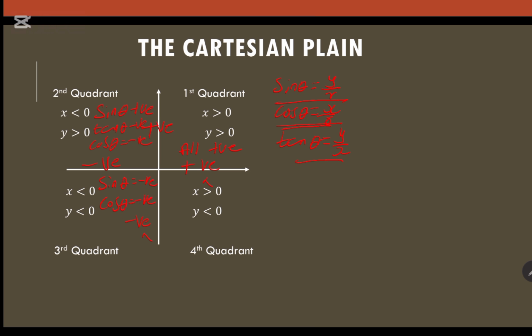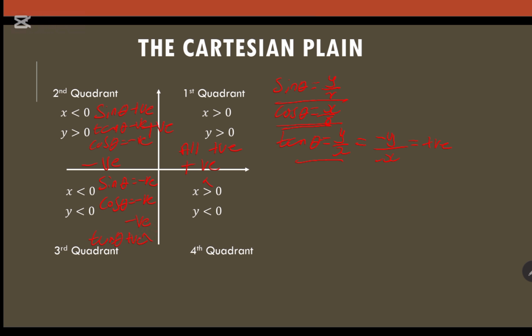But when you look at the tangent, it takes both x and y. So in other words, we'll have a negative y value and a negative x value. So this divided by that gives us a positive value.